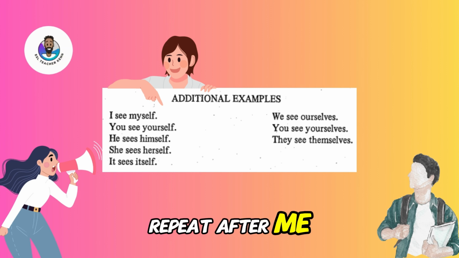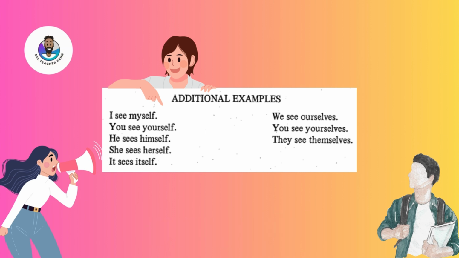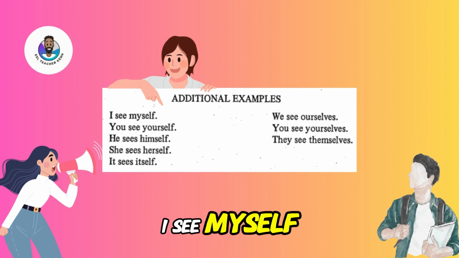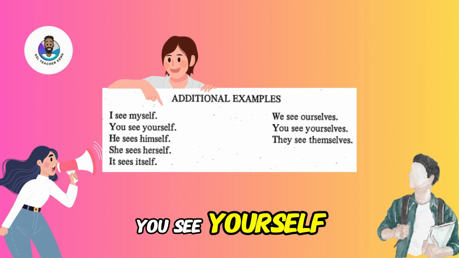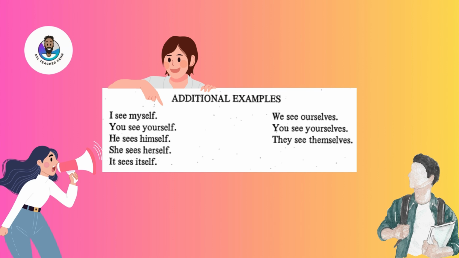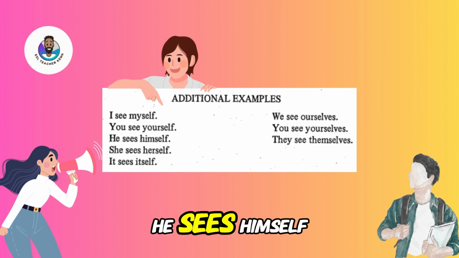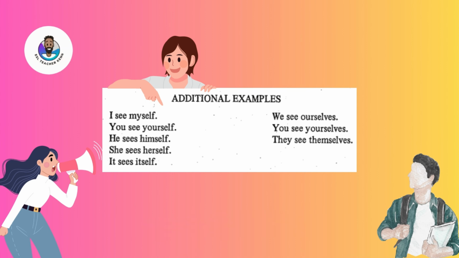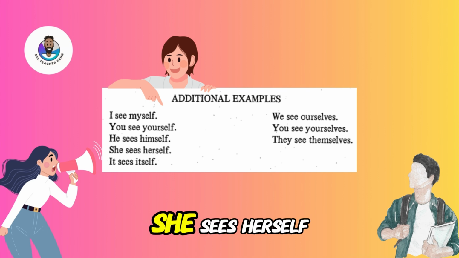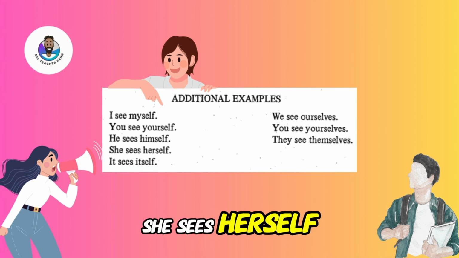Repeat after me. I see myself. You see yourself. He sees himself. She sees herself.